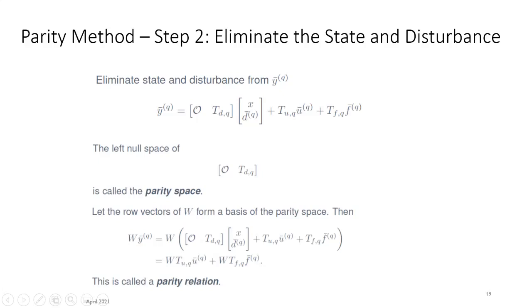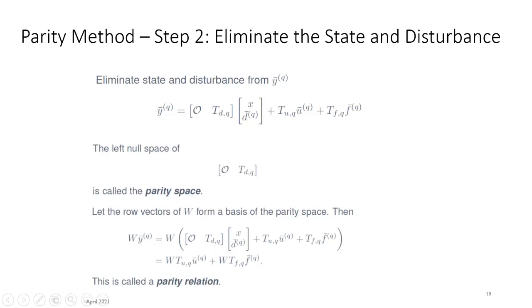Okay, so you select W from the left null space, and then you know that if you multiply W by this matrix, it would be 0. Therefore, what you end up with is W. We have multiplied W from the left on both sides of the equation.